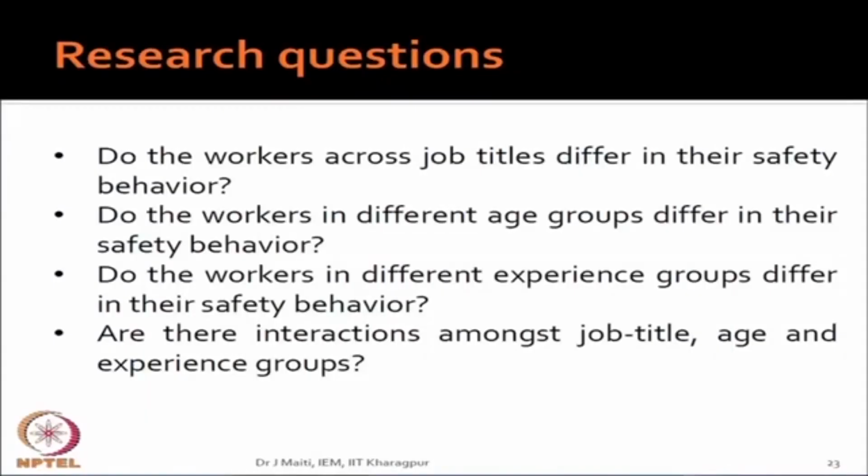So, in order to answer this question, if I ask you what are the sources of variation, we have to use ANOVA.